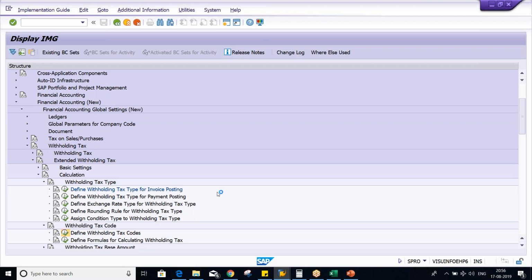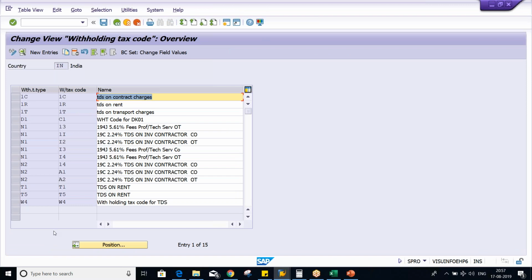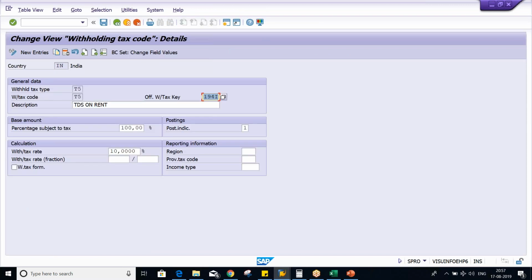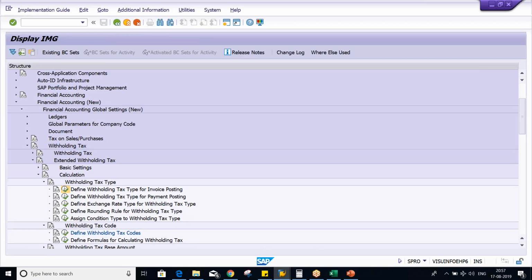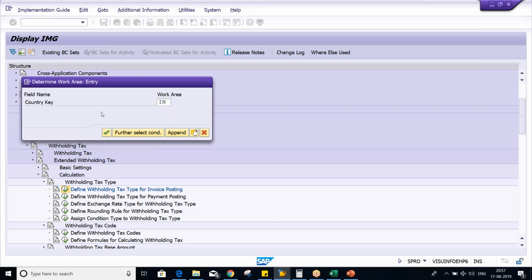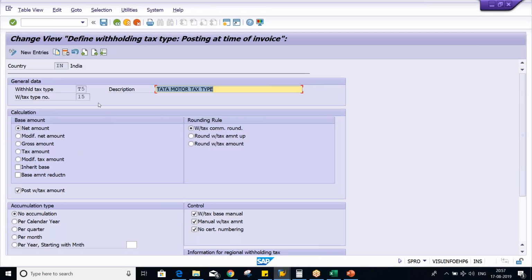Here let me execute. So now the tax code is also T5 itself, and 10% tax rate I have specified, right? Now this 10% deduction is going to happen on which amount, guys? We have specified here, this 10% deduction is going to happen on net amount.